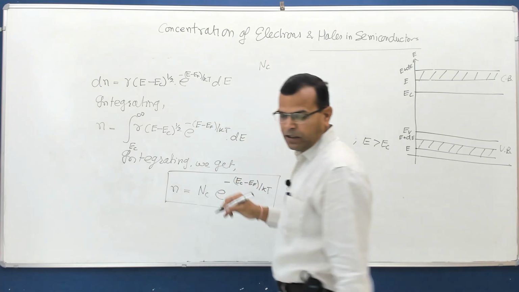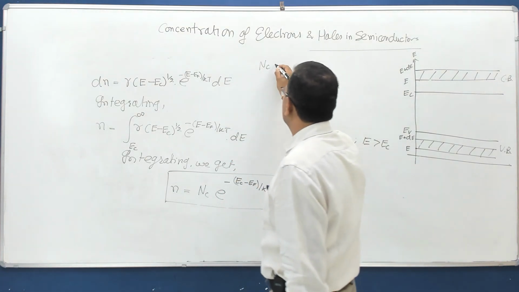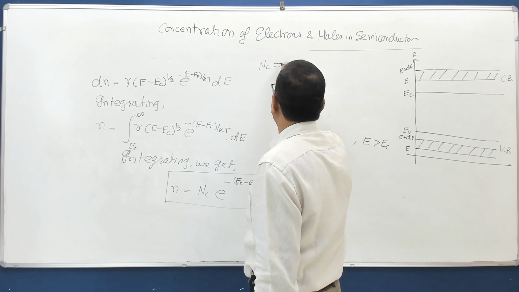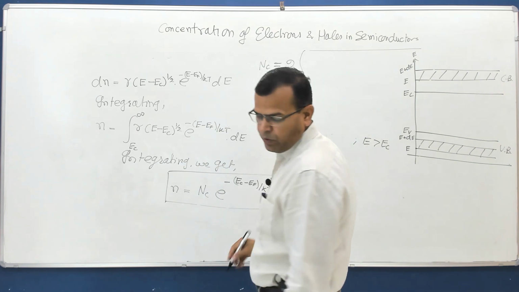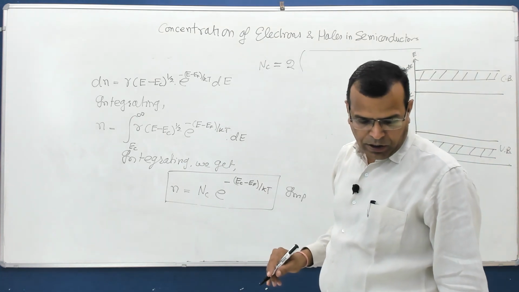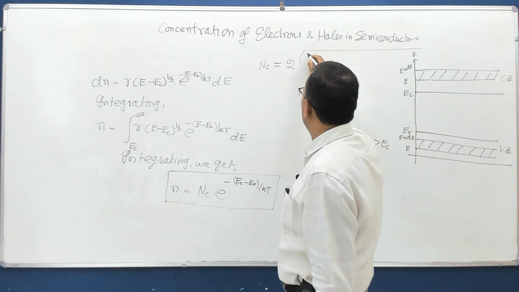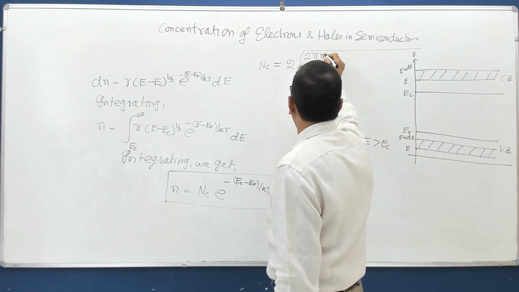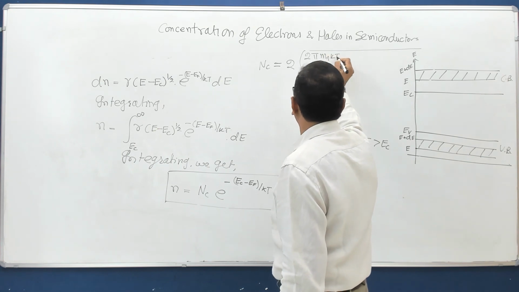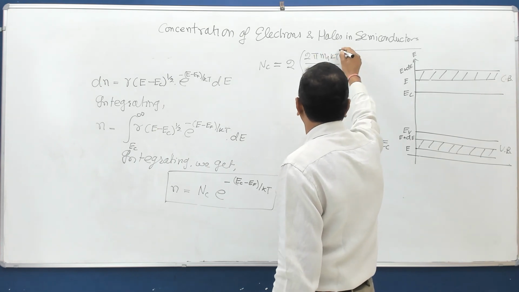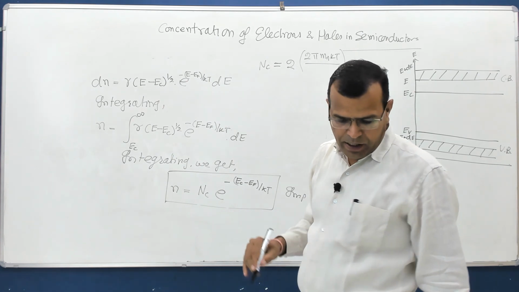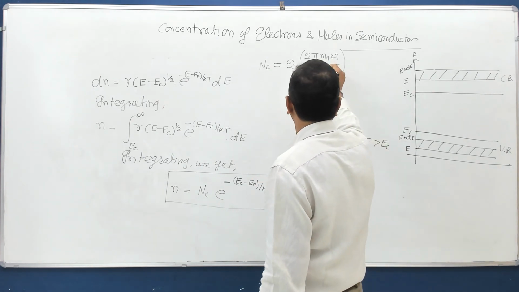So here NC is equal to 2 into (2 pi mn kT divided by h square) to the appropriate power. You can just note it down.